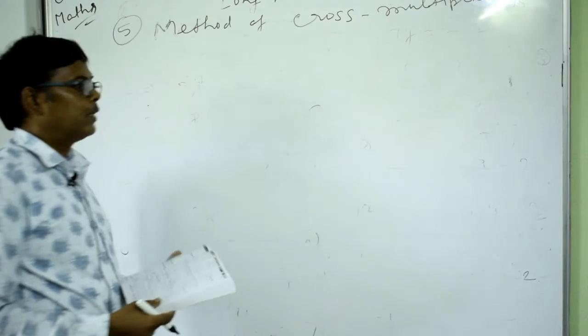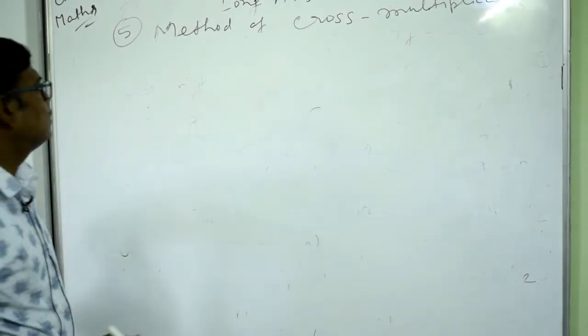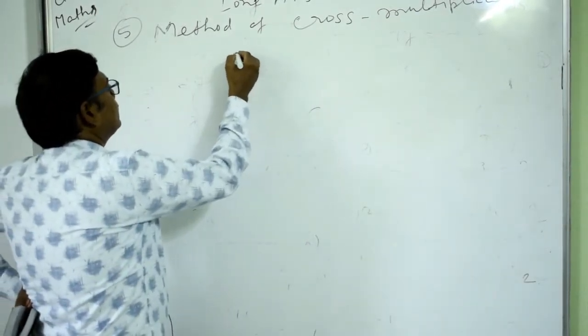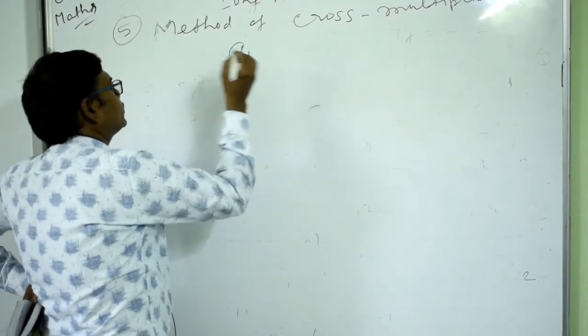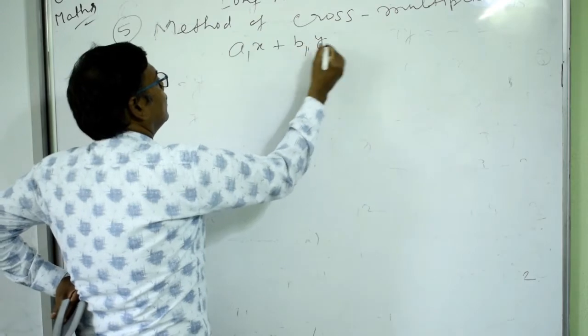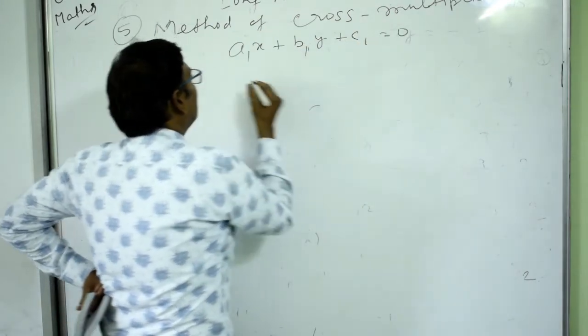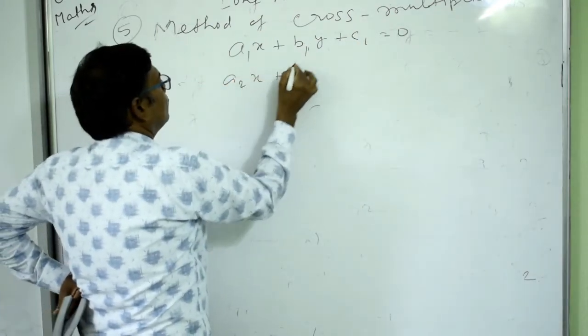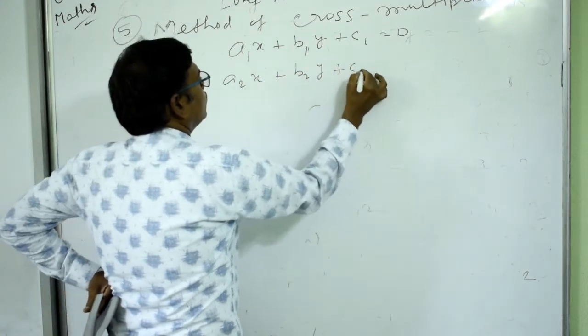So in this, for example, take this equation a1 x plus b1 y plus c1 equal to 0, and a2 x plus b2 y plus c2 equal to 0.